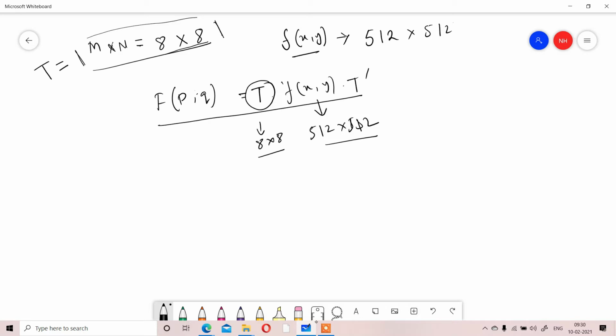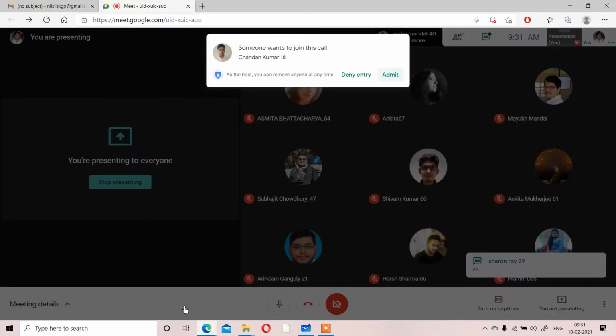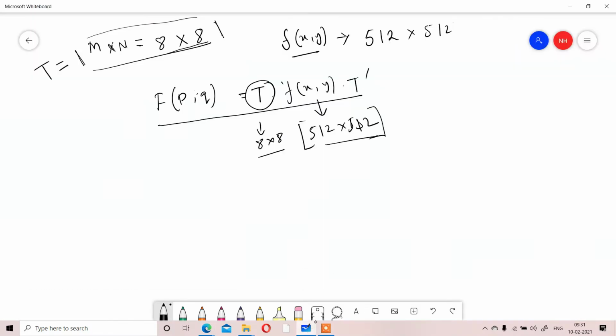So we need to split that 512 cross 512 matrix into a set of 8 cross 8 matrices. Suppose the first 8 rows and 8 columns are considered to create the first 8 cross 8 block, and the remaining columns and rows are 512 minus 8.